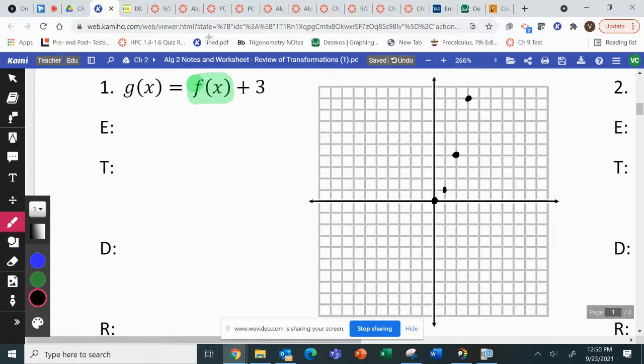Or I go the other direction, negative 1, 1, negative 2, 4, negative 3, 9. These points are symmetric. They like mirror each other. So if you can do half of it, you can do the other half. Okay, that was number 1.